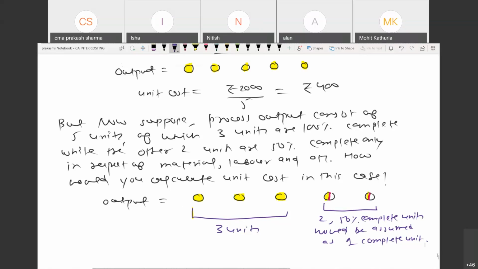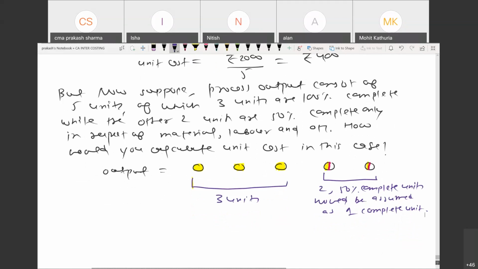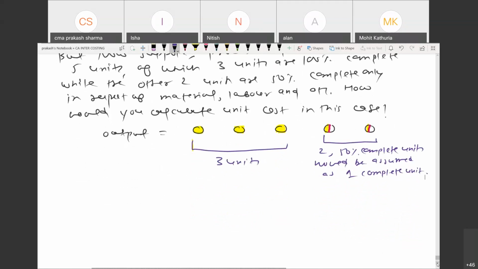So in this case, my dear students, my equivalent मतलब similar, homogeneous, equivalent production units would be 3 plus 1, 4 units. I would say that 3 complete units and 2 incomplete units which are 50% complete, they will be equivalent to 4 complete units.